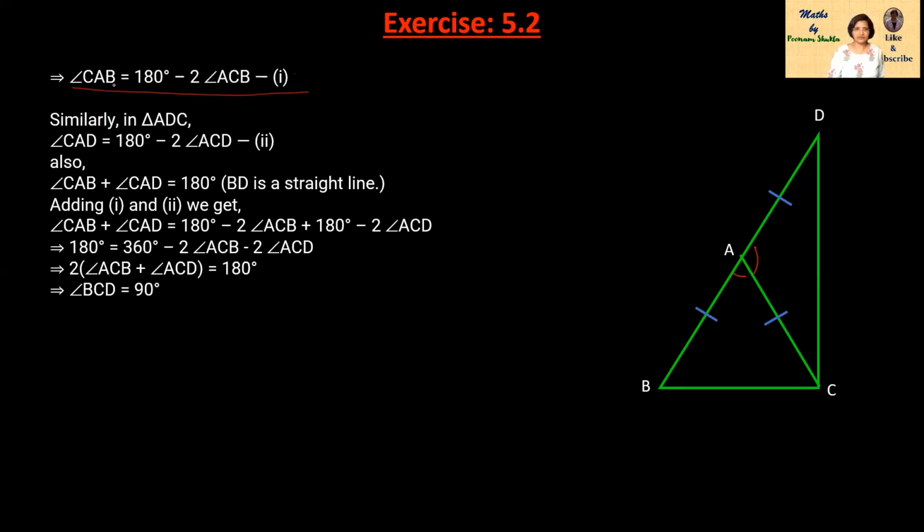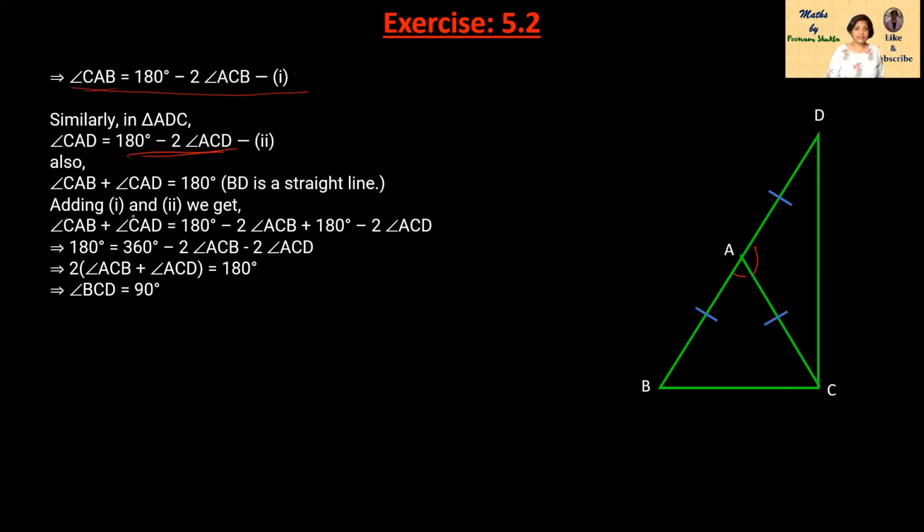After addition, what do we get? Angle CAB plus angle CAD on the left hand side, and on the right hand side we get 180 minus twice angle ACB plus 180 minus twice angle ACD.